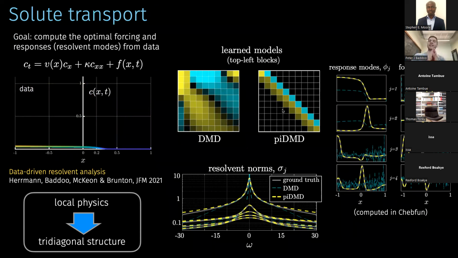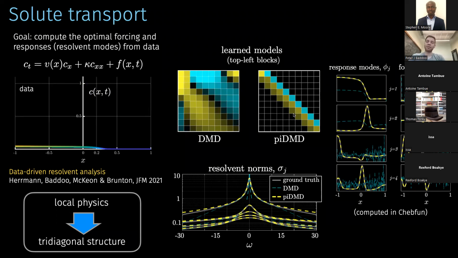That just means that the state at a given point depends only on the states in a small neighborhood of that point. And in matrix language, that corresponds to a tridiagonal or a quindiagonal or quadriagonal matrix, just meaning that there's the diagonal and a few terms either side of the diagonal are non-zero.